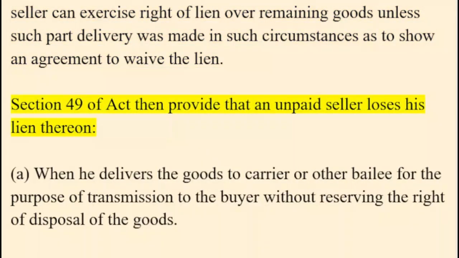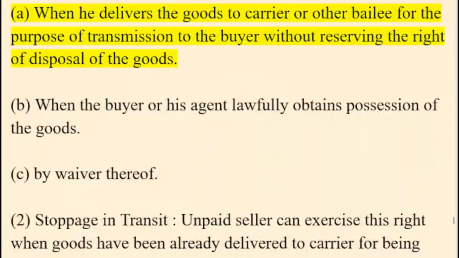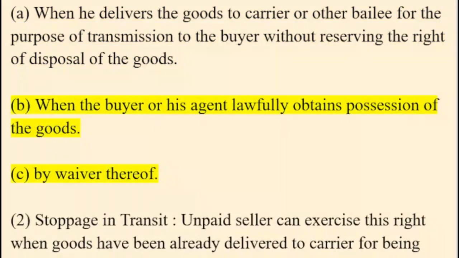Section 49 of the Act then provides that an unpaid seller loses his lien: a. when he delivers the goods to a carrier or other bailee for the purpose of transmission to the buyer without reserving the right of disposal of the goods; b. when the buyer or his agent lawfully obtains possession of the goods; c. by waiver thereof.